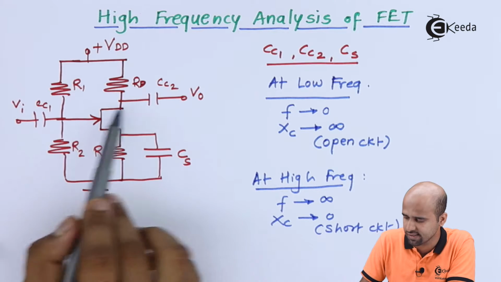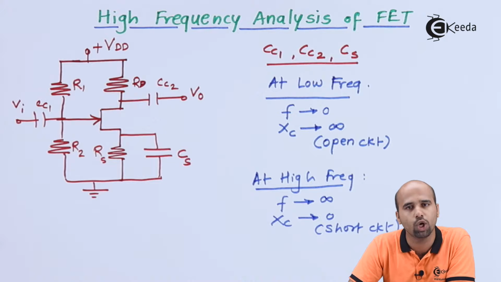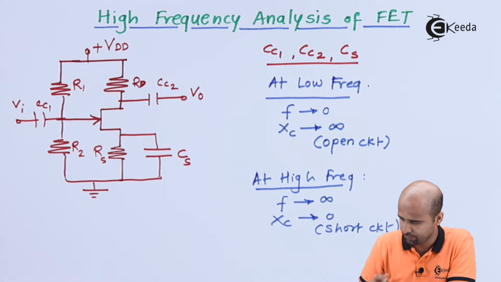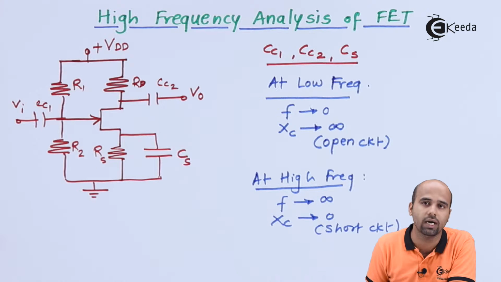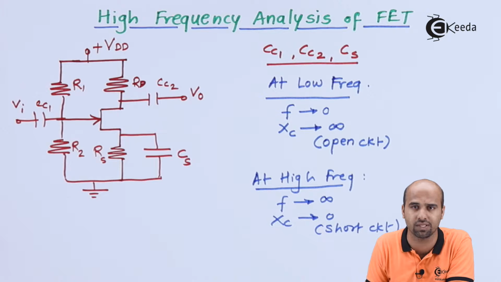So this CC1, CC2 and CS will not play the role of high frequency analysis parameters, and that is why we require another type of capacitors which are nothing but the stray capacitance. Let's see how these stray capacitances work at high frequency and low frequency, and whether they are responsible at high frequency, low frequency or both.